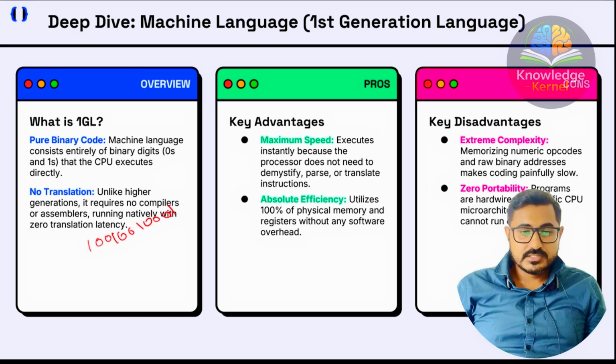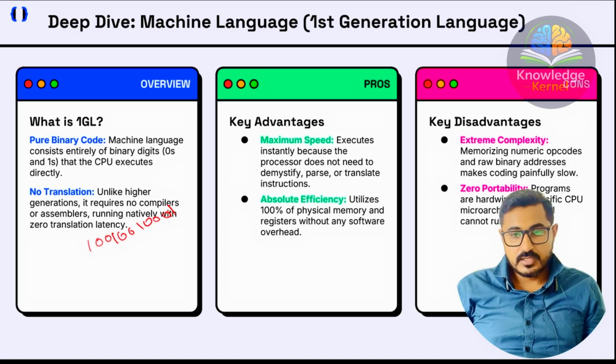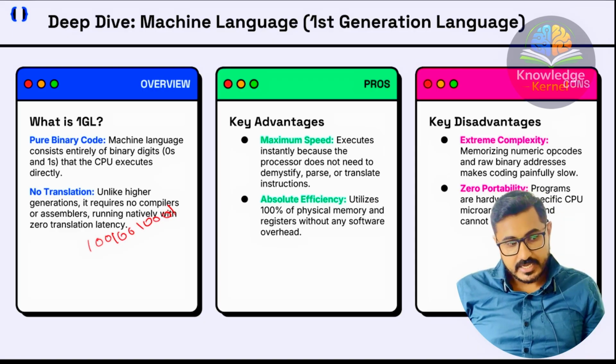Second, machine language has zero portability, which means these are hardware-specific languages. A program written for one particular memory architecture or CPU architecture cannot be used on another architecture or processor. In simple terms, if you have an i3 processor, the program designed for this i3 processor will not work for an i5 processor.